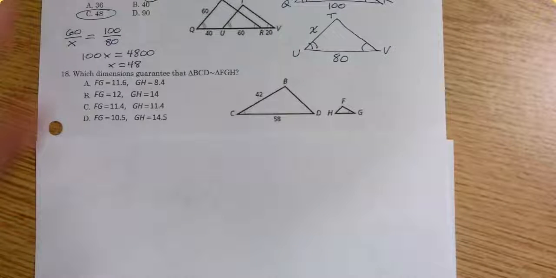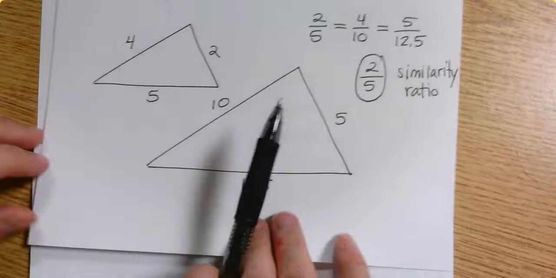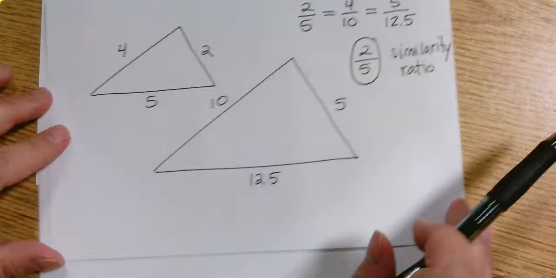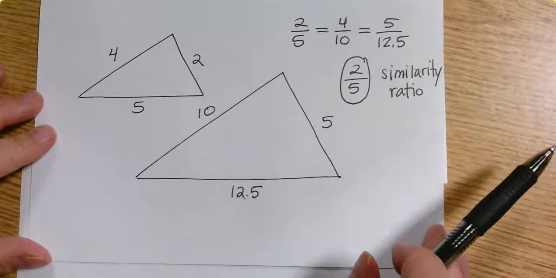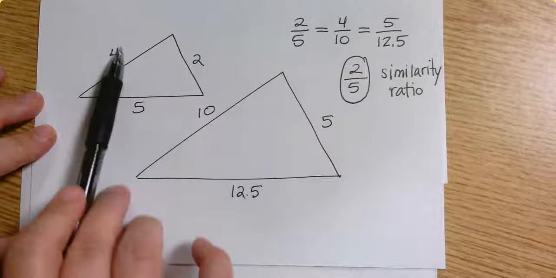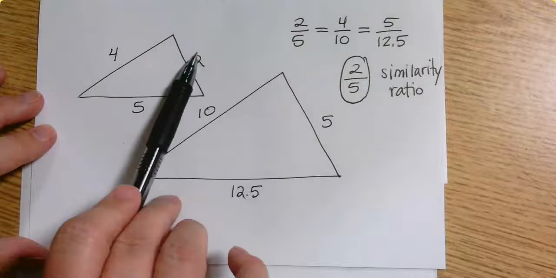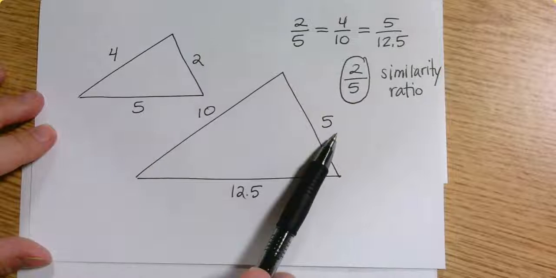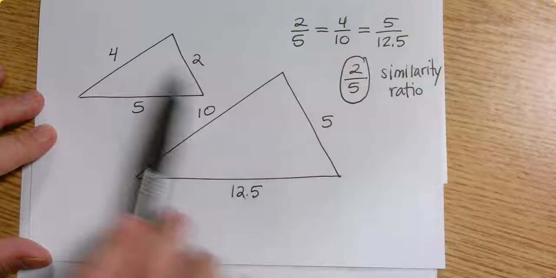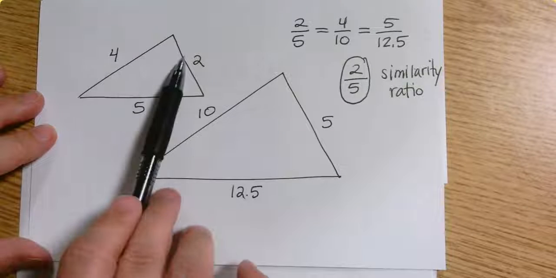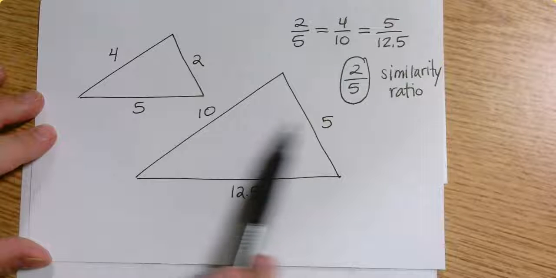One thing that I know about proportions, and I'm going to go back to this. Everything being proportional, not only does it mean what I wrote here, 2 over 5 equals 4 over 10, where I'm taking one side from one triangle and one side from another triangle. Not only does it mean that, it also means if I compare two sides of the same triangle and then compare the corresponding two sides of another triangle, I get the same ratio there too.